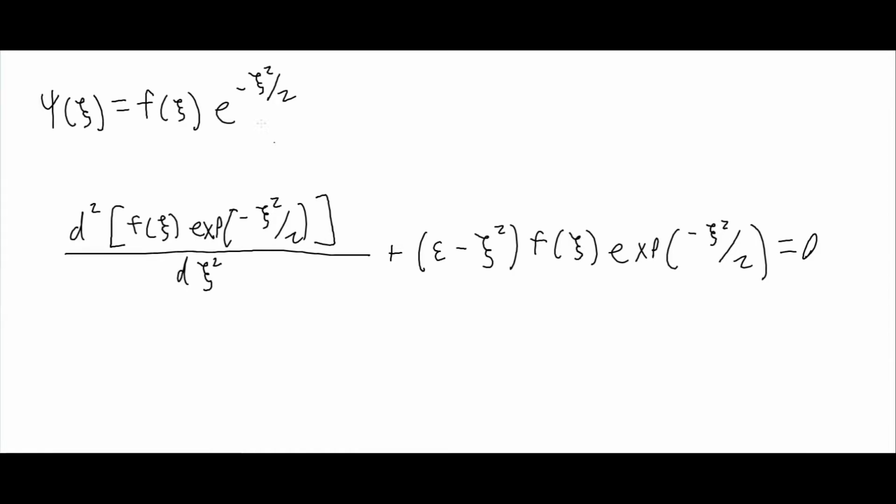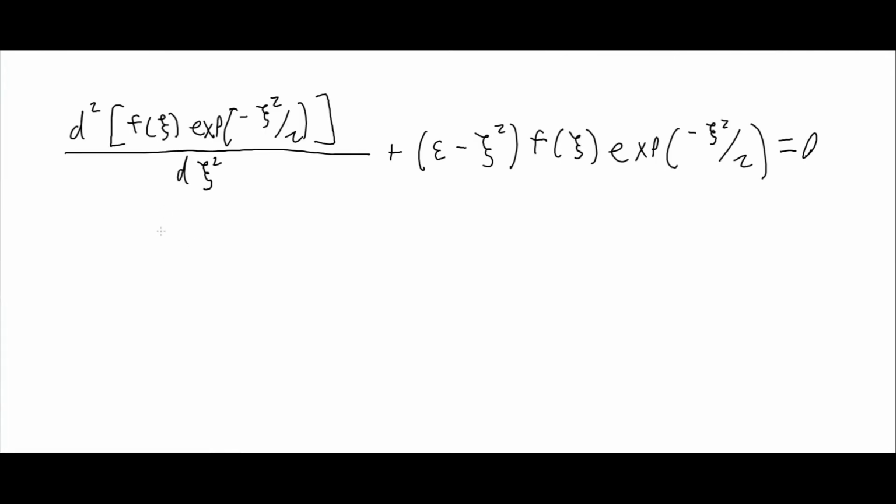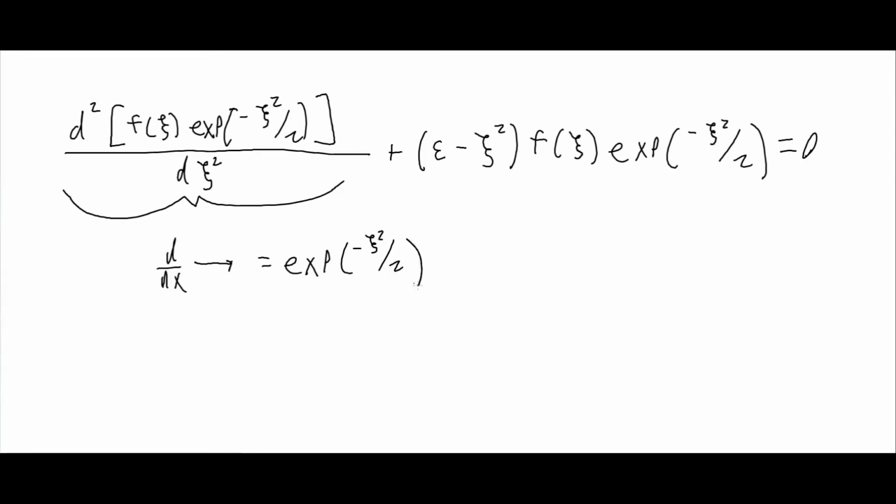So now that we've made this substitution into our Schrodinger equation, we have this. And then if we just take the first derivative, so we're just looking at this part now, what we end up with is the exponent, e to the minus xi squared over 2.